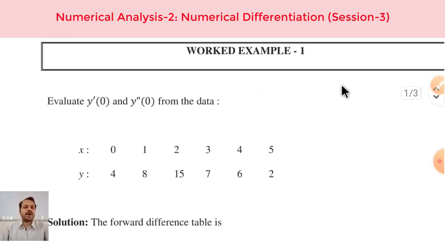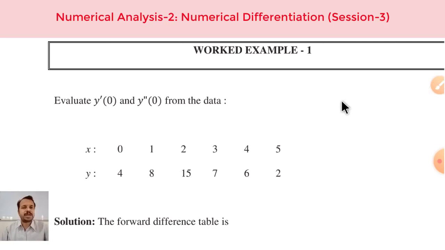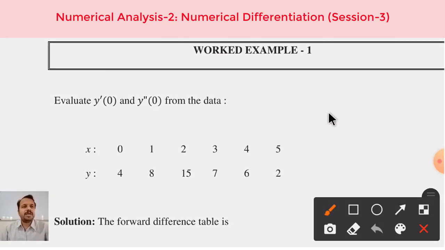I have told you already in the introduction class itself, the most important aspect of numerical differentiation is that we are going to find the derivatives of the dependent variable y with respect to x, one time and two times. That is the first order derivative and the second order derivative, even when we don't know the explicit definition of the function.